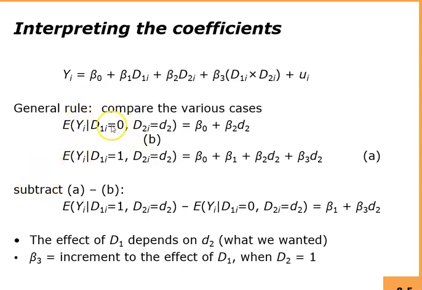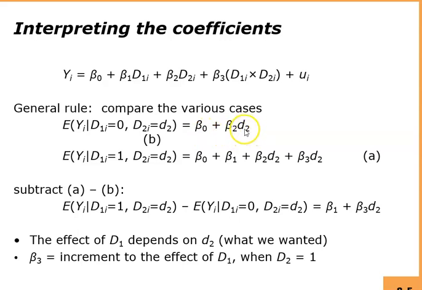If we plug in a value of d1 equal to 0 into this equation, this coefficient goes away, the beta naught coefficient remains, and this coefficient also goes away, because when d1 is equal to 0, this whole interaction term becomes 0. So what we end up with is beta naught plus beta 2 d2.